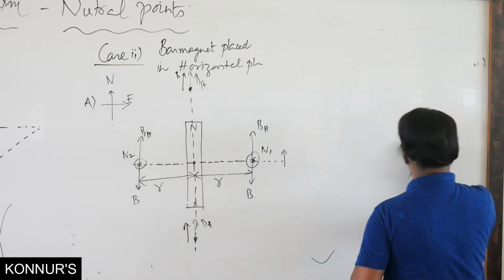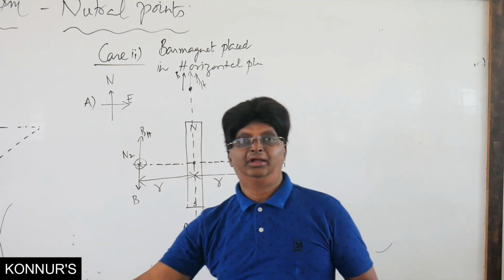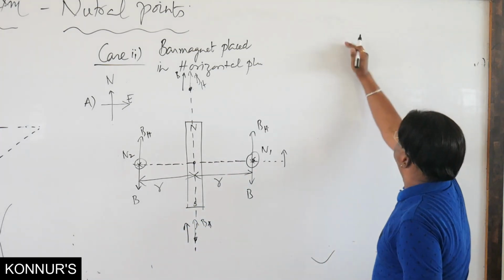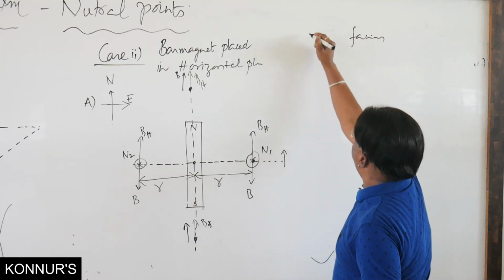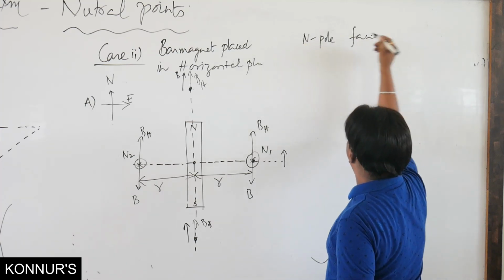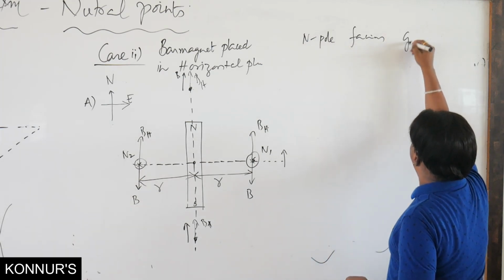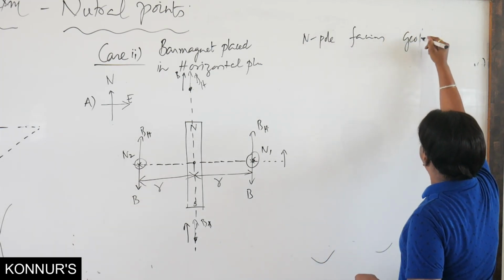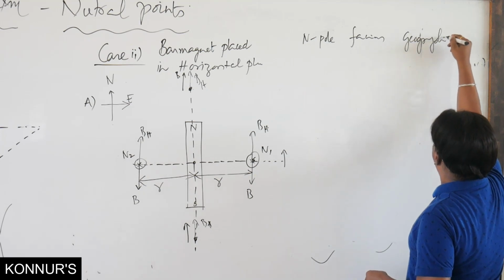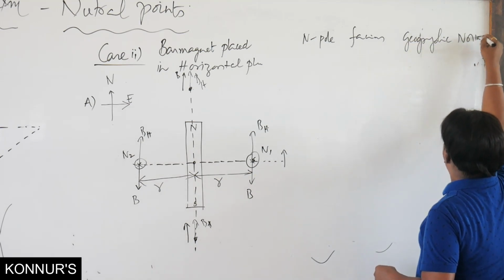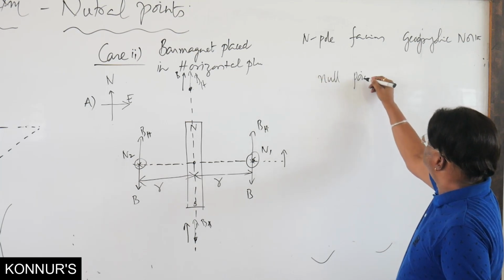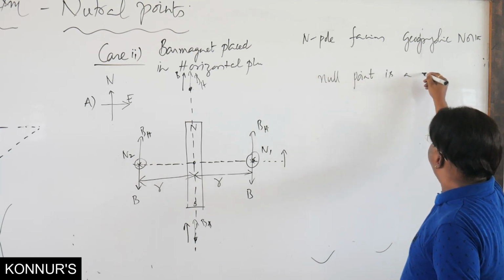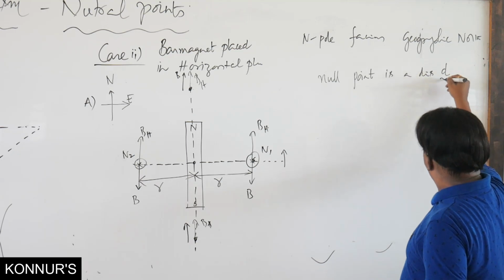We have to make use of two simple conditions. The north pole of the magnet is facing geographic north, and the null point is at a distance d.